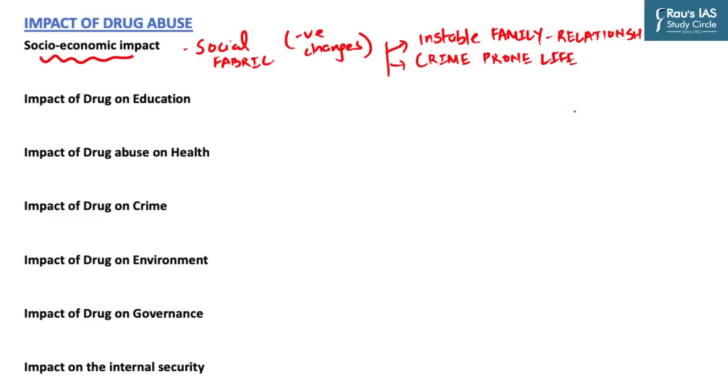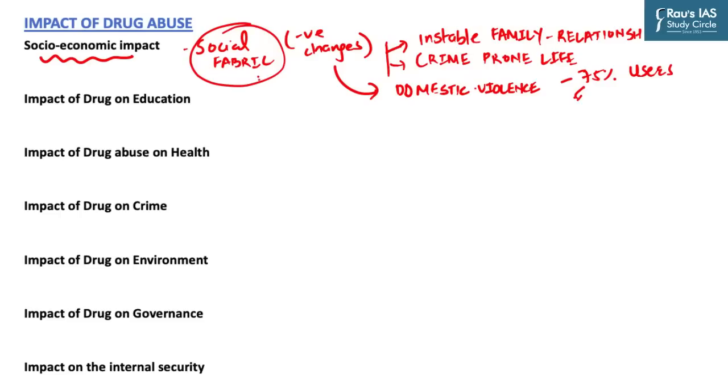Another major thing seen in families that have witnessed drug abuse is domestic violence, as drug abuse is many times more in men than in women. Studies have seen that 75% of the individuals who suffer from substance abuse engage in physical assault, mugging, and use a weapon to attack their wives at home, thus ultimately impacting the social fabric of society.